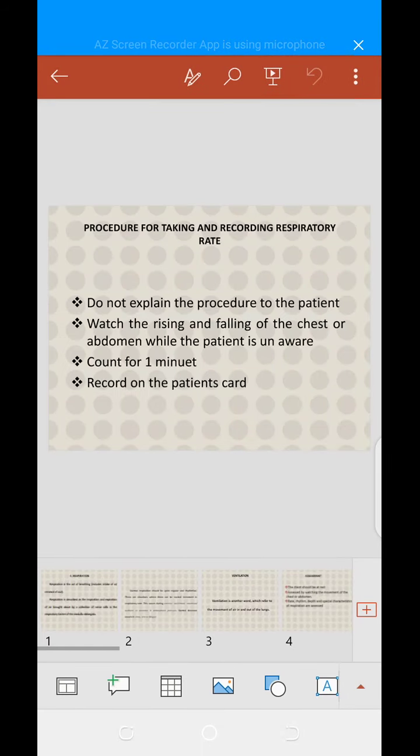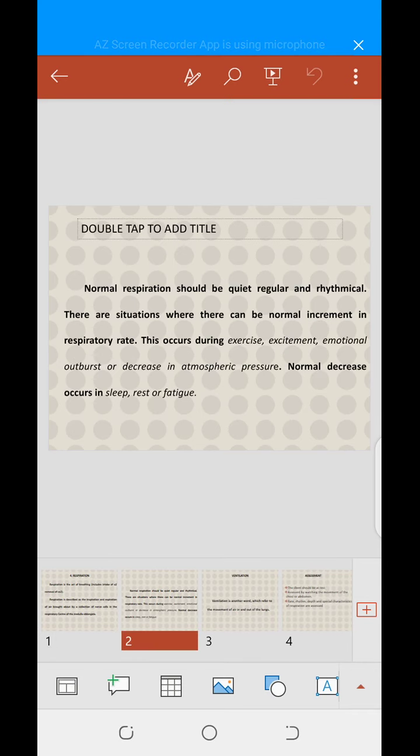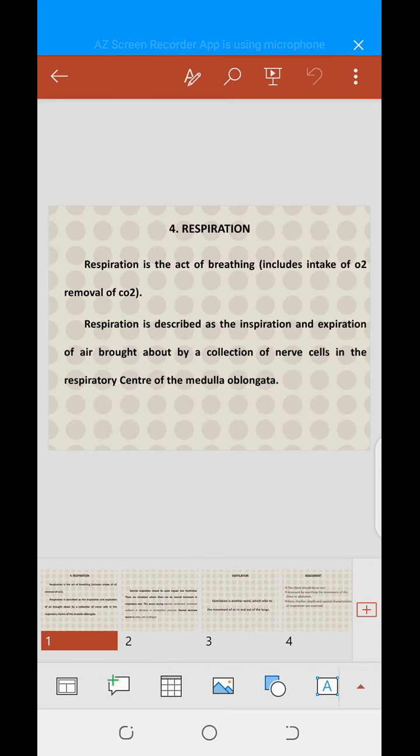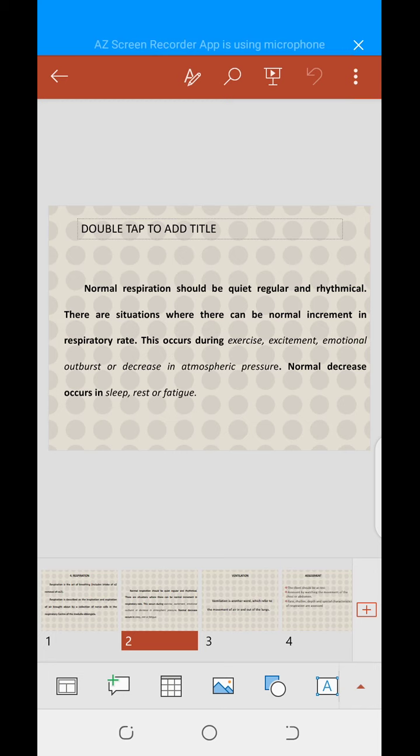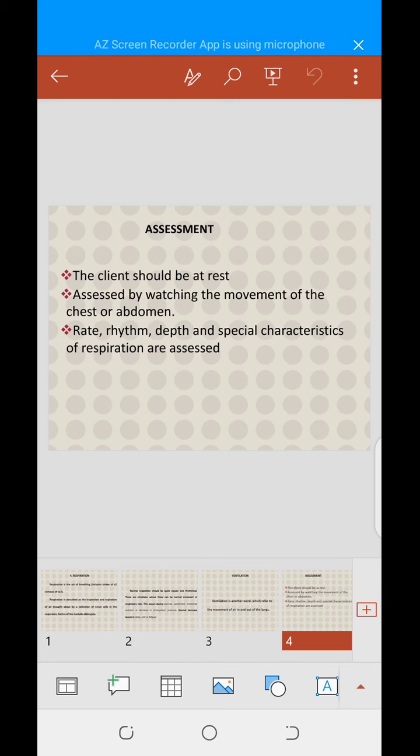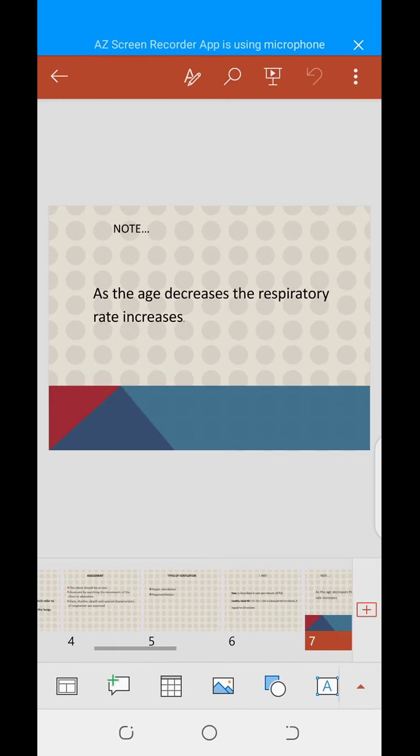So now we also have the procedure for taking respiratory rate.